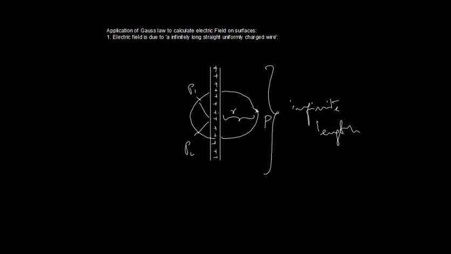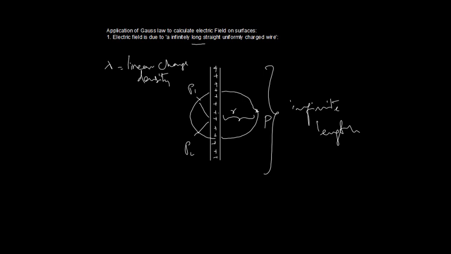Got it? Now what he says is, consider an infinitely long thin straight wire with uniform linear charge density. Since it is a long straight conductor, lambda comes into the picture. This is linear charge density. The wire is obviously an axis of symmetry.